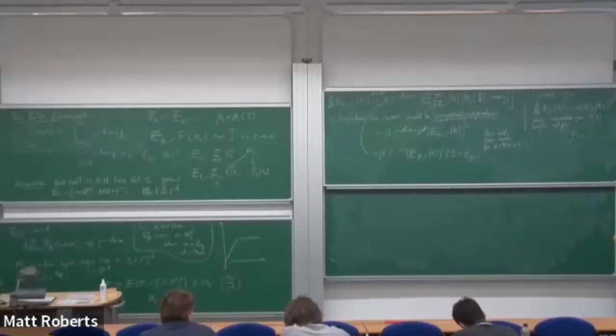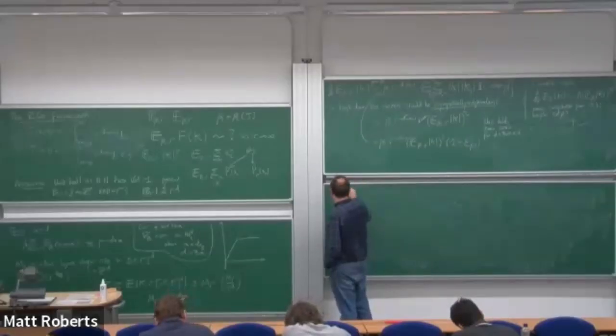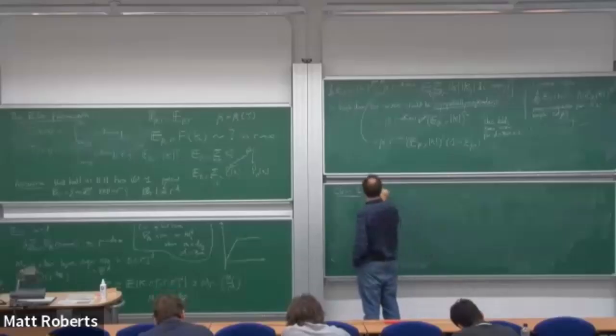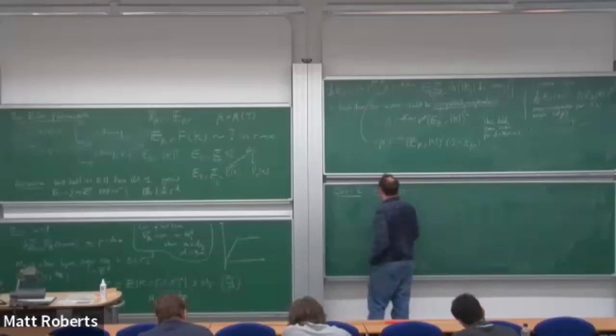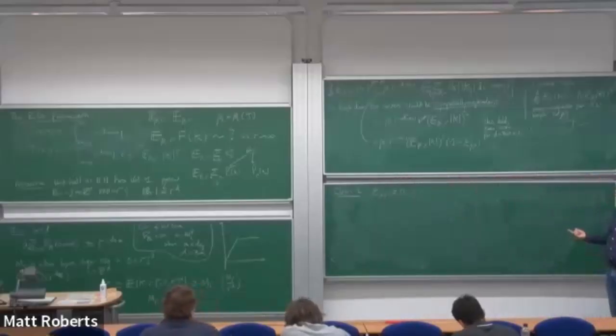Okay. Now, claim 1, which is always true, is that this error is non-negative. Okay, why is that true? Well, it's just the same thing we saw before, right?